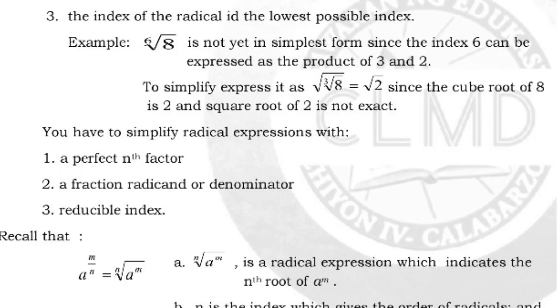It will be equal to square root of 2 since the cube root of 8 is 2 and square root of 2 is not exact. So you have to simplify radical expressions with 1, a perfect nth factor, 2, a fraction radicand or denominator, 3, reducible index.